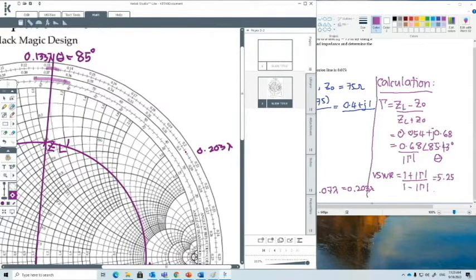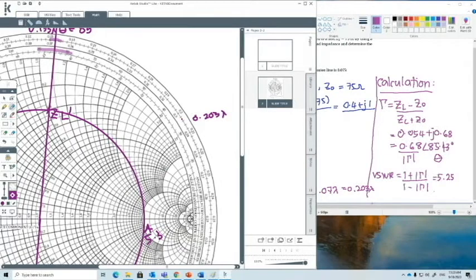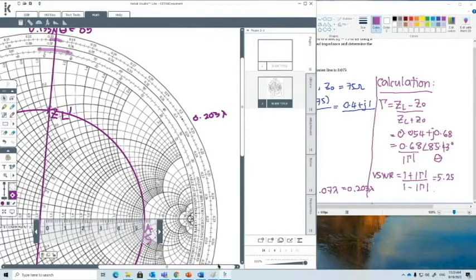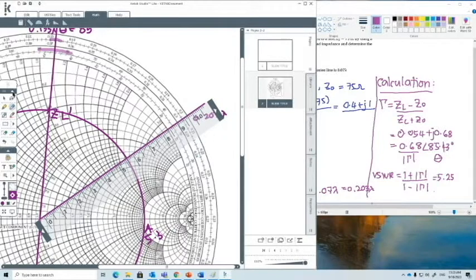So once you dah jumpa 0.203 lambda, then what you have to do is take your ruler. From the center point, you draw a straight line through 0.203.